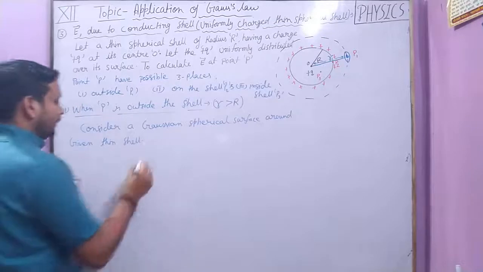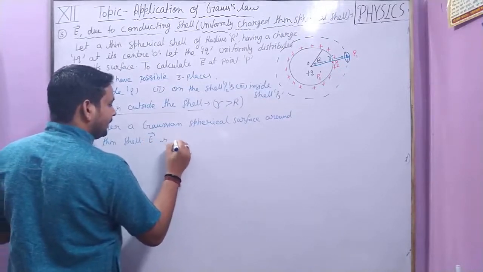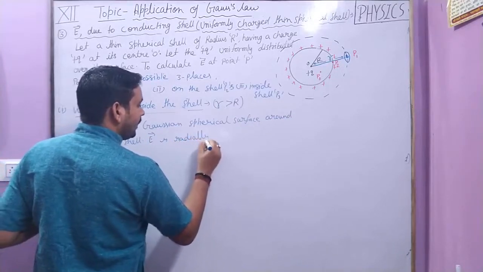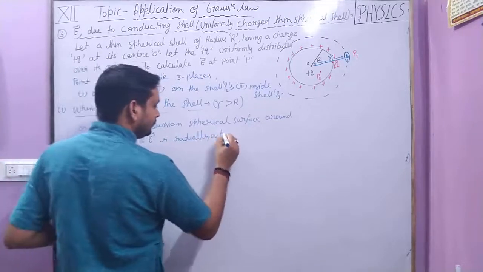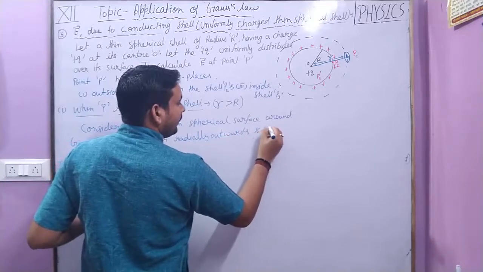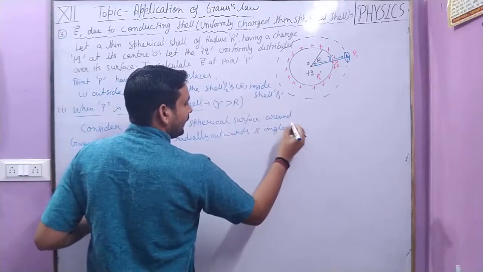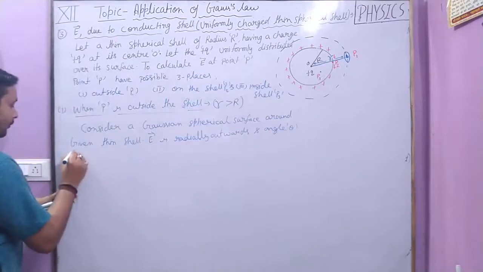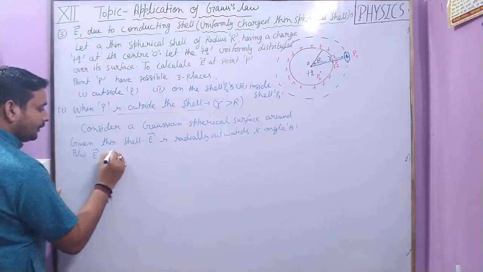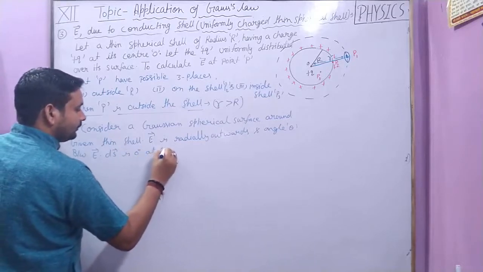The electric field is radially outward, and the angle theta between vector E and ds is 0 degrees at every point.